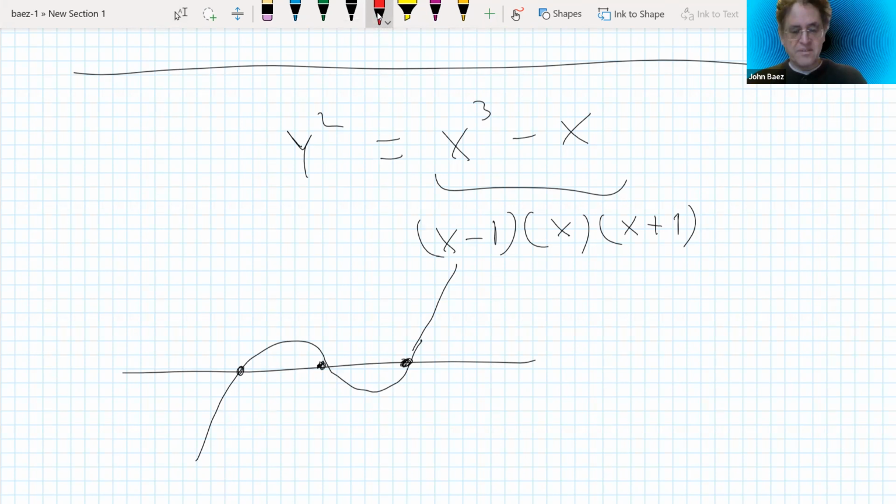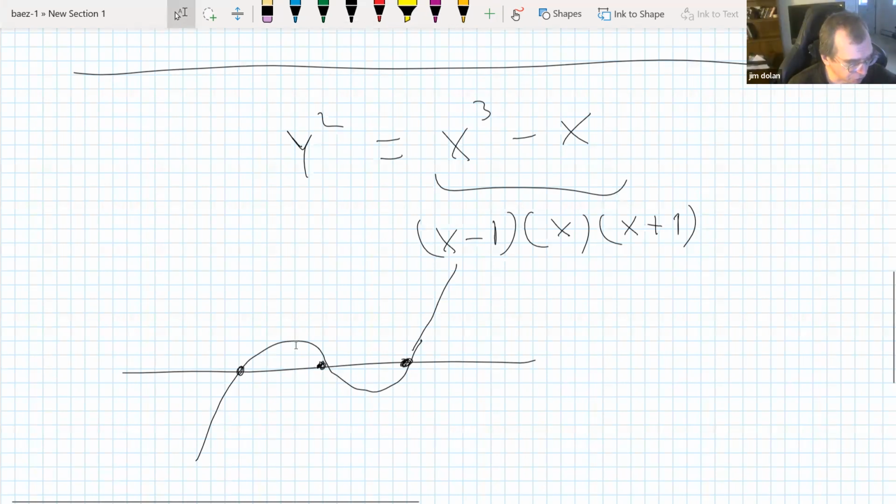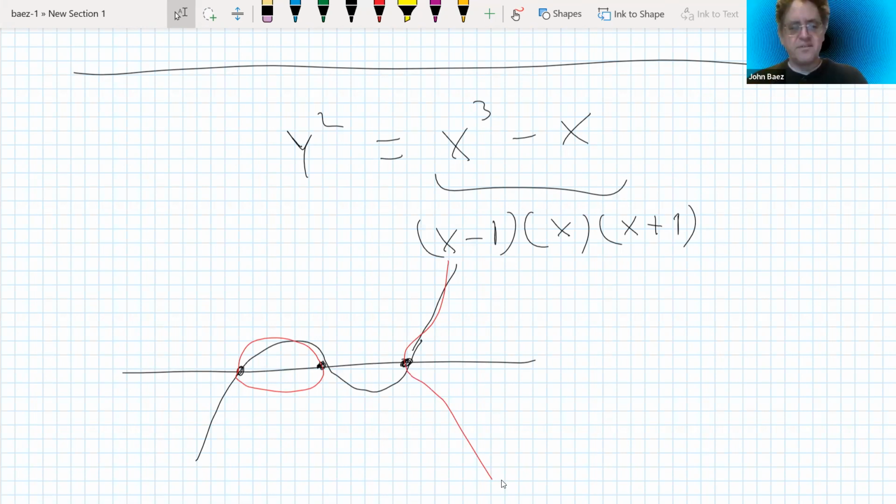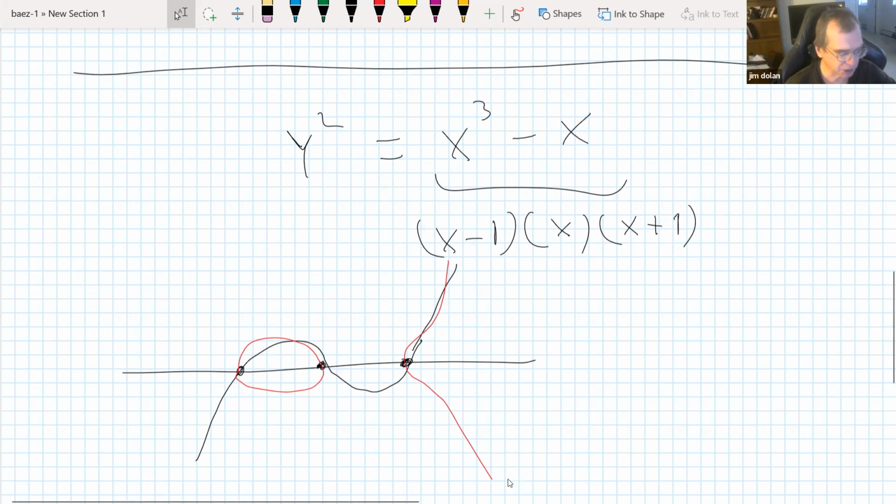But then you take its square root, and the only parts that are visible are the parts that are above water. So there's a little piece there, and something like that. I'm not scaling this very carefully. This is the real part of this way of thinking about the Gaussian elliptic curve. There's also the imaginary or complex parts.